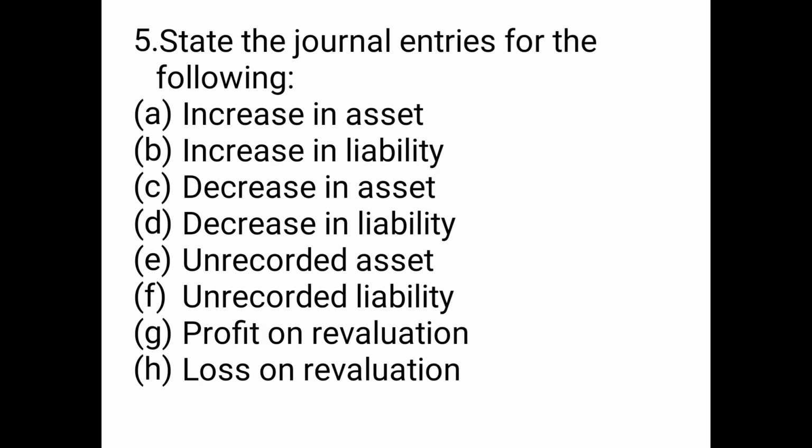Then G, profit on revaluation, the entry will be revaluation account debited to old partners' capital or current account in the old ratio. And H, loss on revaluation, that means old partners' capital or current account debited to revaluation account in the old ratio.